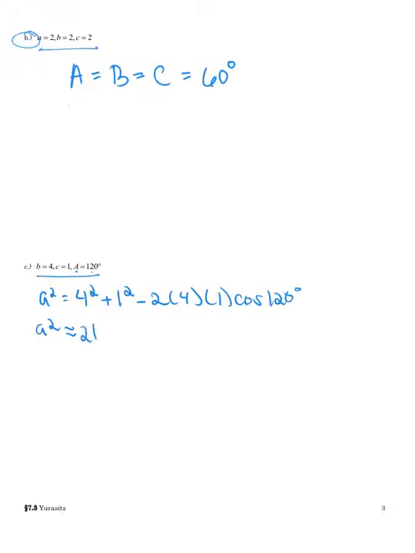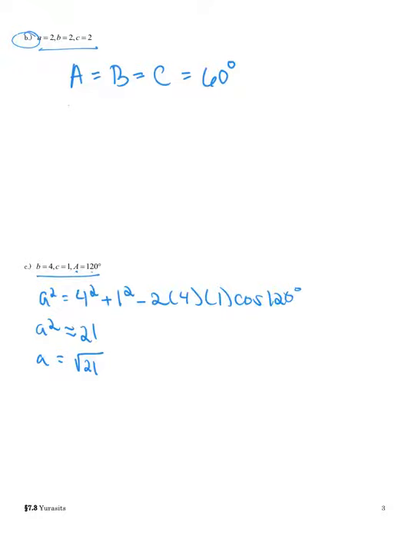You could go ahead and put the decimal, but what's really nice is if you can, always keep the whole value. It makes calculating way easier and more accurate. So I would like to see it as a square root of 21. I didn't do that before because it was a decimal, but you could have. You could have said, okay, this is the square root of 1.06. And so now we have A.